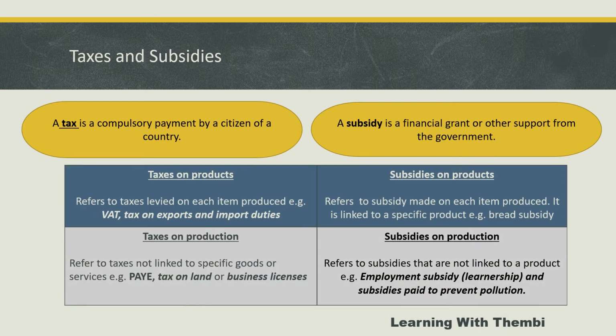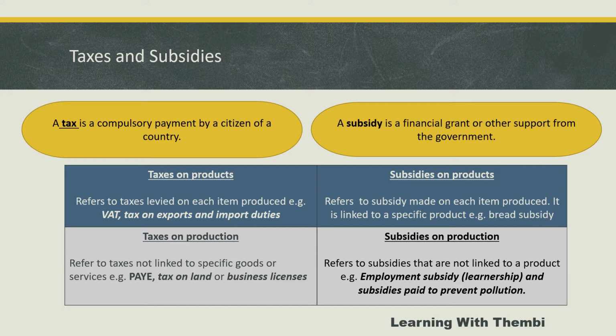So we've got different kinds of taxes as well as different kinds of subsidies. On taxes, we've got taxes on products as well as taxes on production. When we talk about taxes on products, we are referring to taxes which are levied on each item produced. An example of that can be the value added tax, a tax on exports as well as import duties.